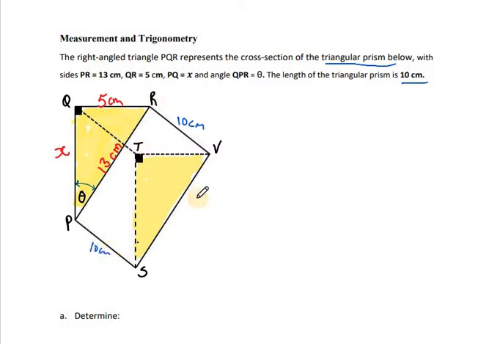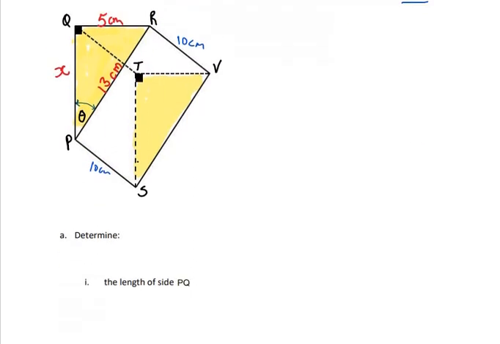Now, what we're asked to determine is the length of the side PQ. And PQ is a side of the right angled triangle. Now, we should know that opposite the right angle is the side called the hypotenuse. And we have another length of the right angled triangle.